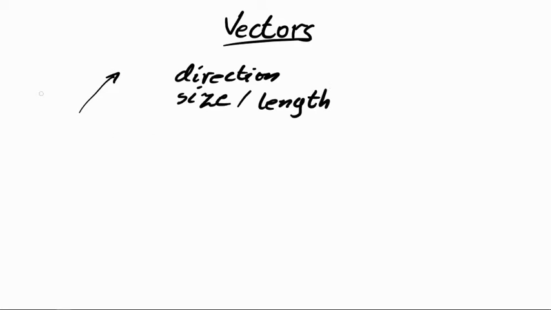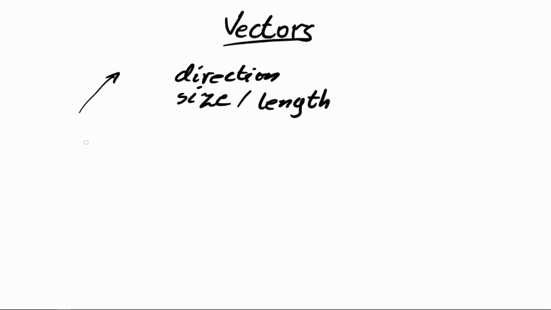It's all well and good having this arrow, but we need some way to represent it in a computer. There are several ways we could approach this. We could store its direction in one variable and its size in another. That makes sense, but it's actually easier to store it a bit differently.